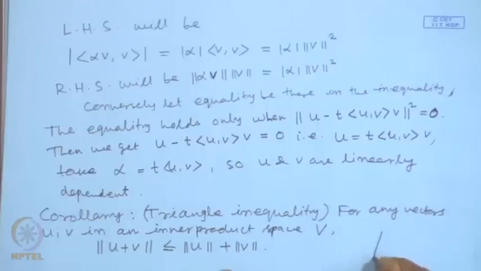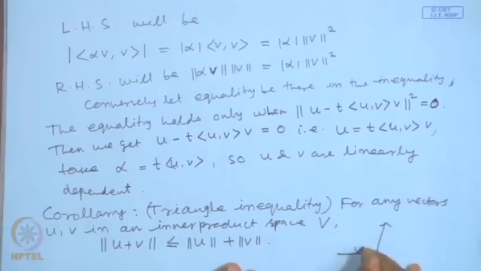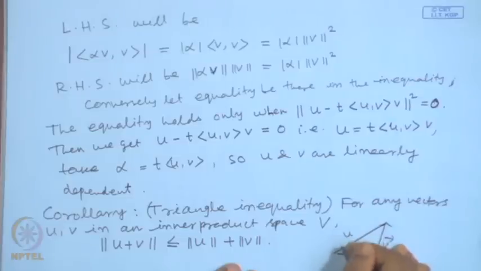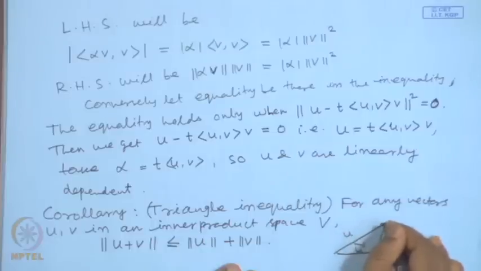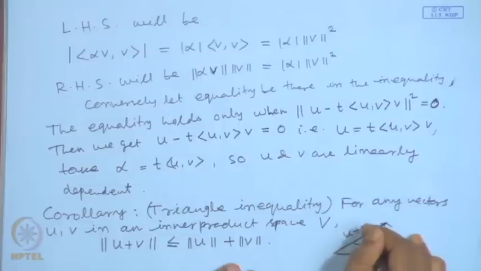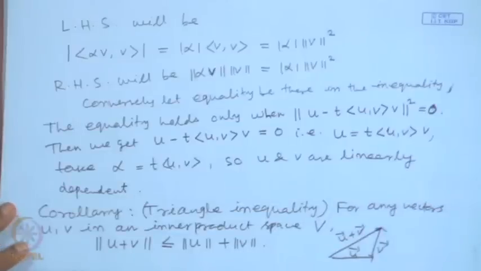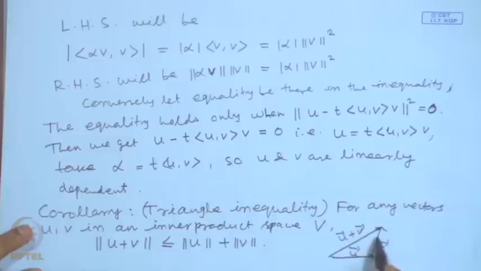That means, if we take the vectors u and v like this, then the third side of this triangle will be u plus v. So, this is the geometrical interpretation of the triangle inequality, that the sum of lengths of two sides is greater than or equal to the length of the third side.